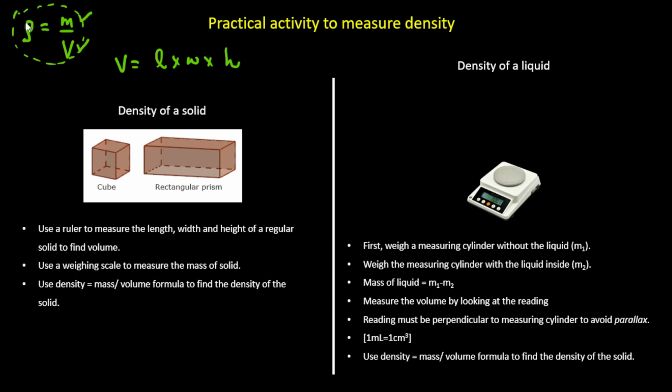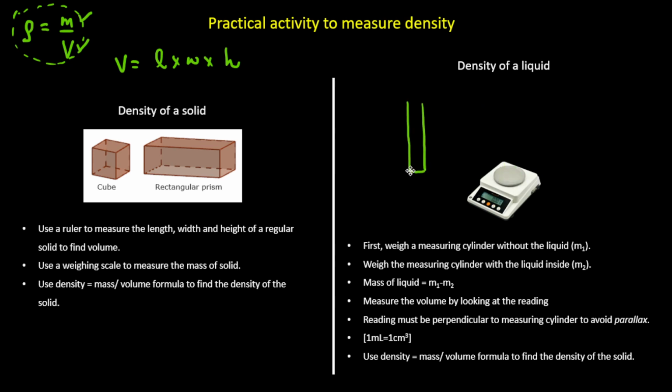Then you can simply use the formula density equals mass over volume. But how about a liquid, where you cannot measure length, width and height anymore? If you have a measuring cylinder, what you will do is first measure this measuring cylinder on a weighing scale, and that will be your mass 1.